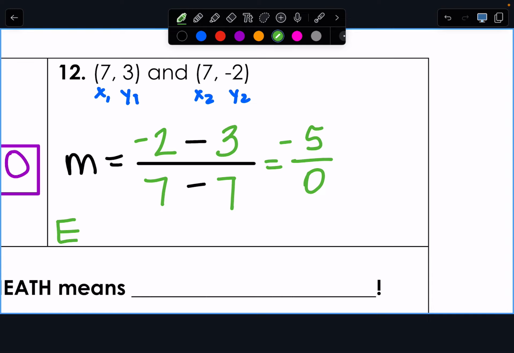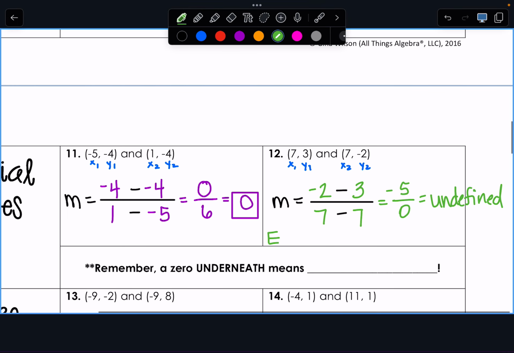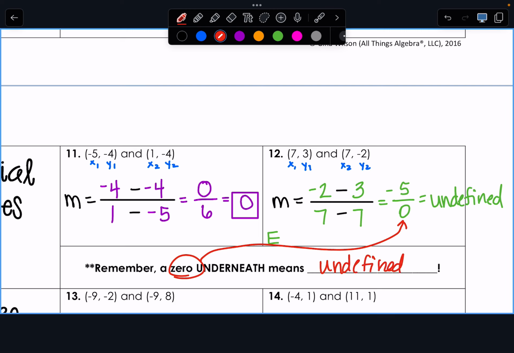We can't divide by 0. That's not a thing. What's our answer? Undefined. Good. If we have a 0 in our denominator, that means our slope is undefined. End of story.